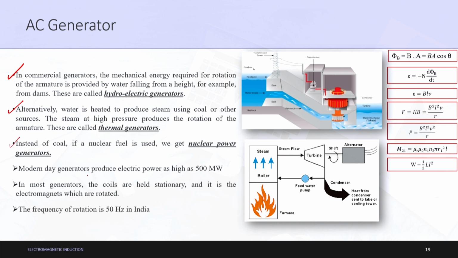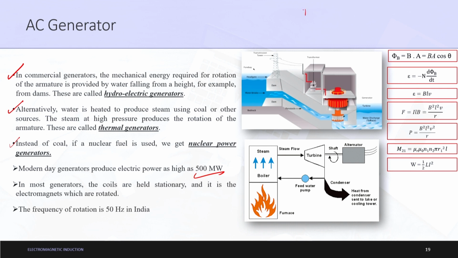Now, modern day generators produce electric power as high as 500 megawatts. So, as you can see, today an electric power generator can produce as high as 500 megawatts. Megawatt is the unit used to denote power.